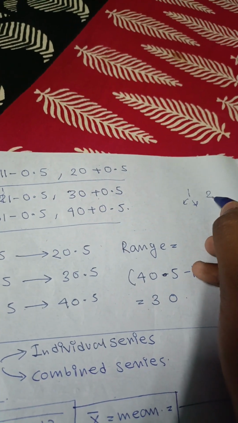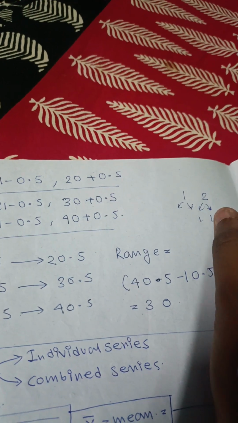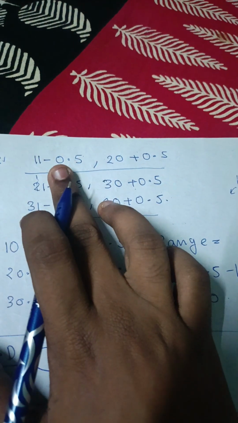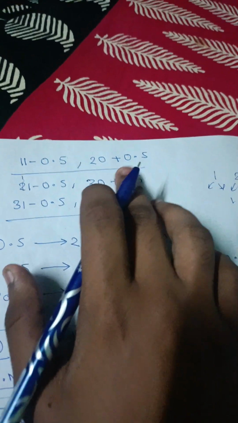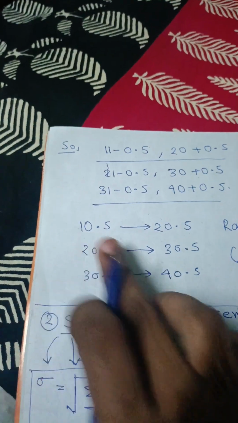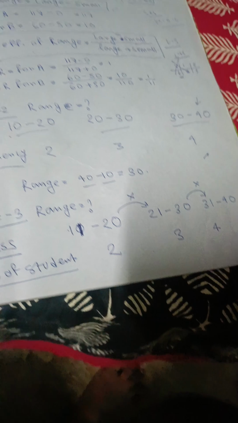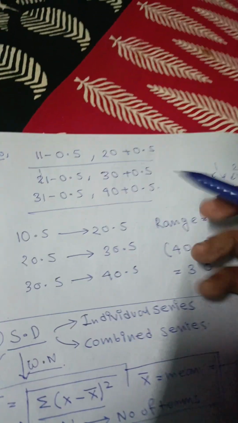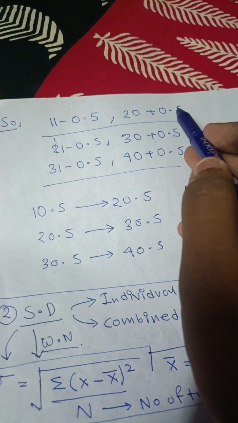If there is a discontinuity of 2, then we divide it into 1 and 1. We subtract 1 from the lower boundary and add 1 to the upper boundary. So we change the discontinuous ranges to continuous ranges by subtracting 0.5 and adding 0.5.